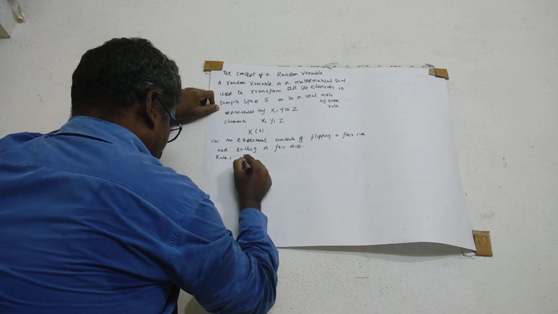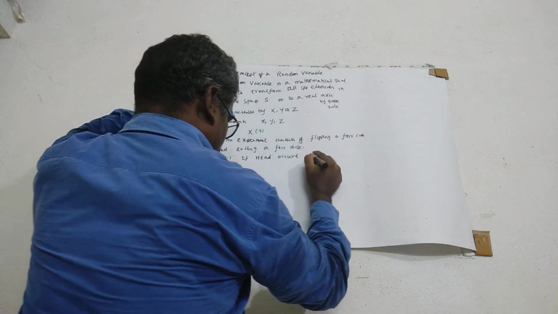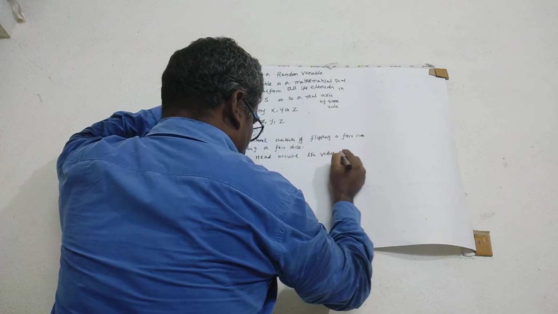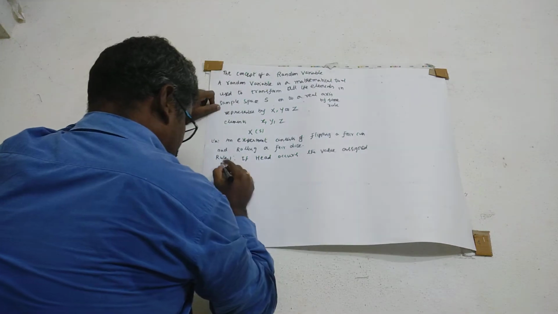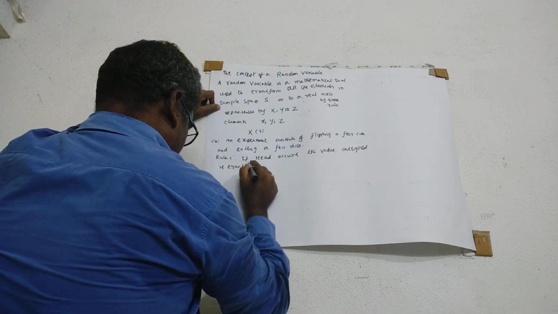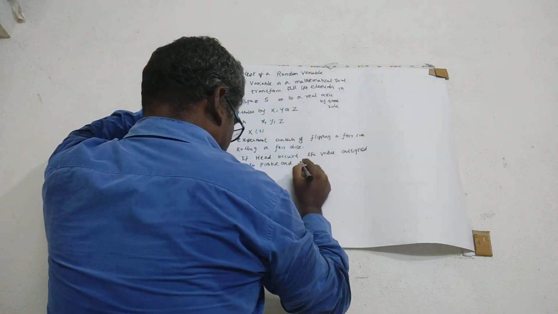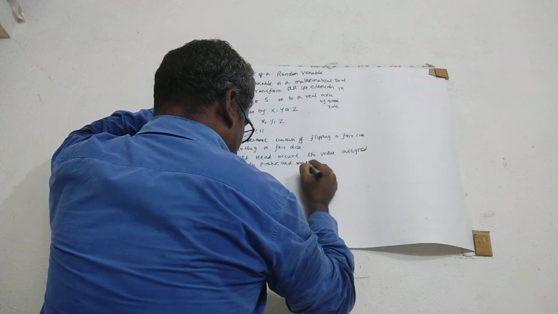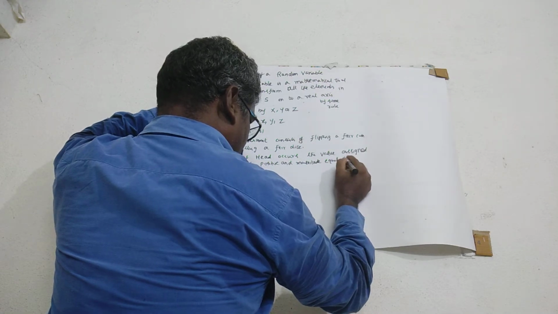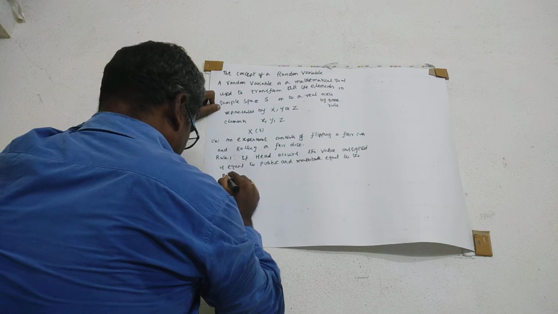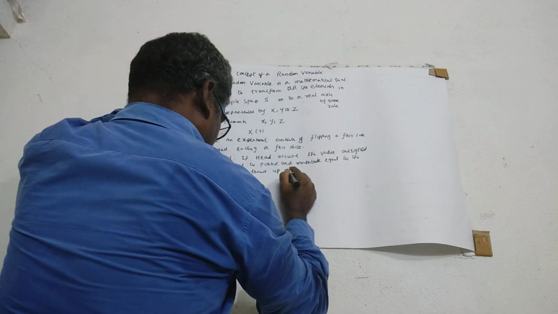Rule 1: if head occurs, the value assigned is equal to positive, and the magnitude is equal to the number that shows up on the dice.